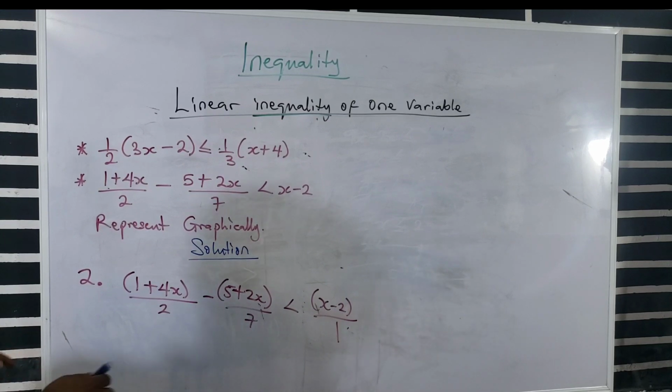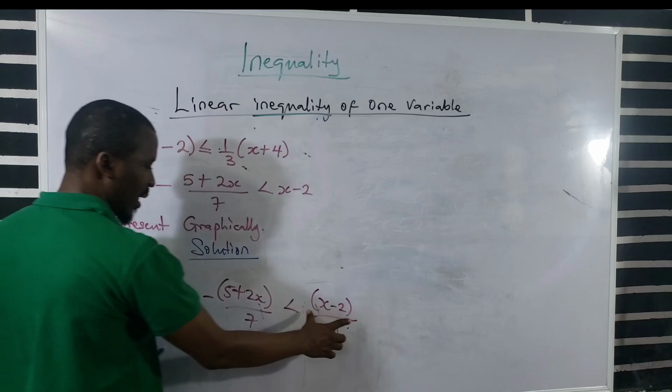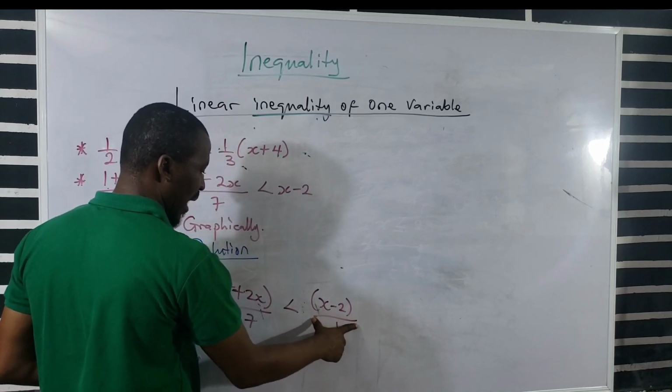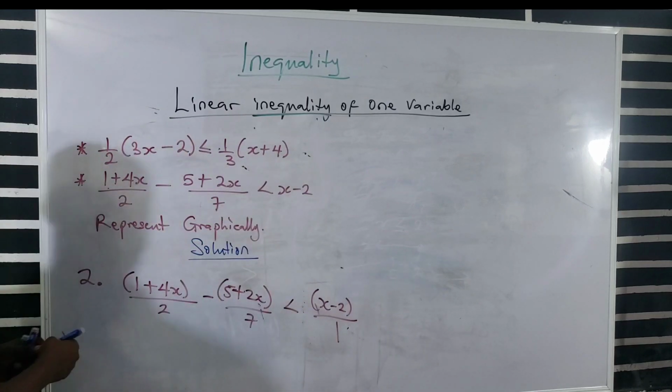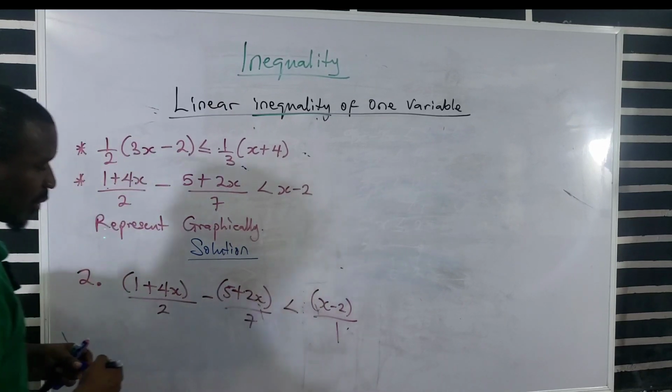What I have done here is to put these expressions in brackets. Then this one that is not a fraction, I make it a fraction. So that will give me what I have on the board already.